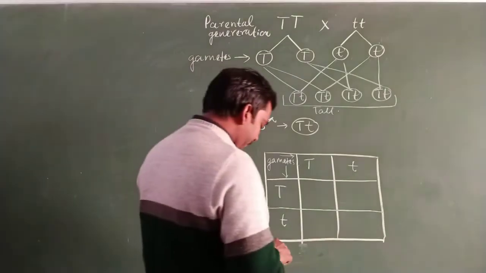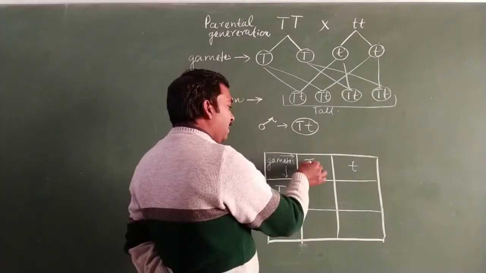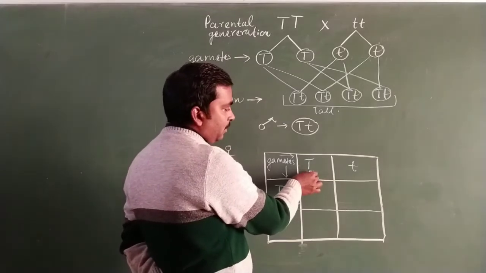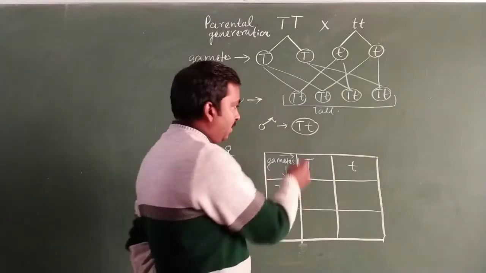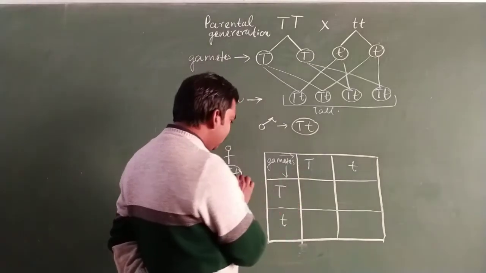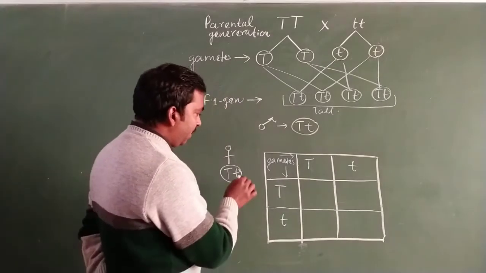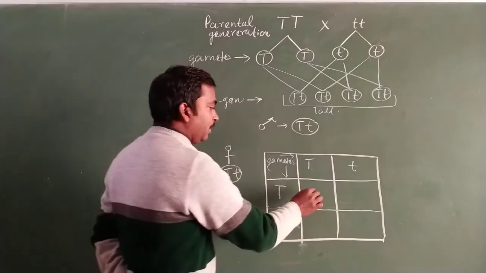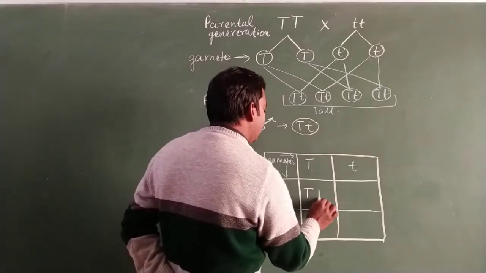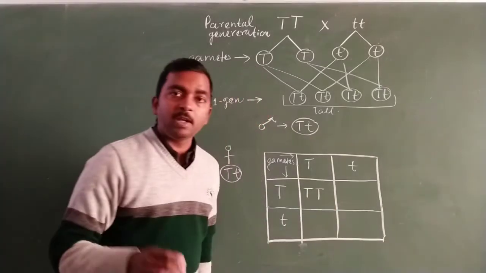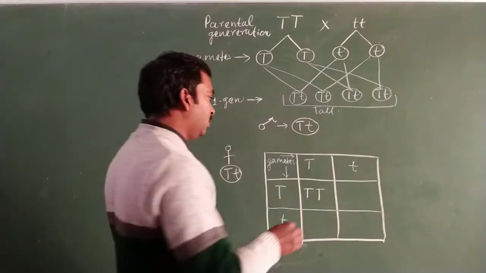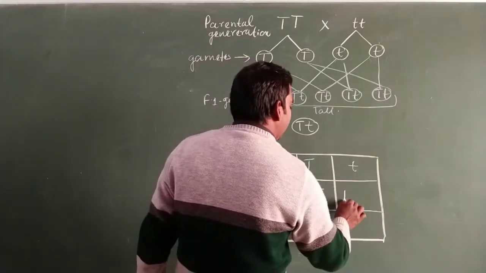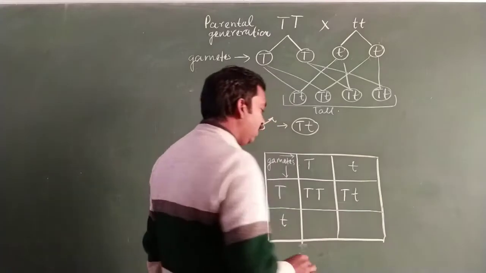So first, if the gamete containing capital T of the male fuses with the gamete containing capital T of the female, then the product will be the zygote containing capital T, capital T. Then the second possibility is capital T small t.